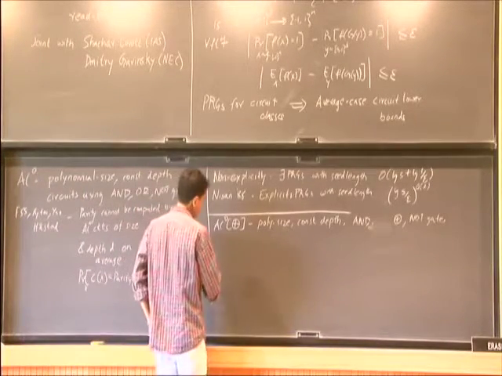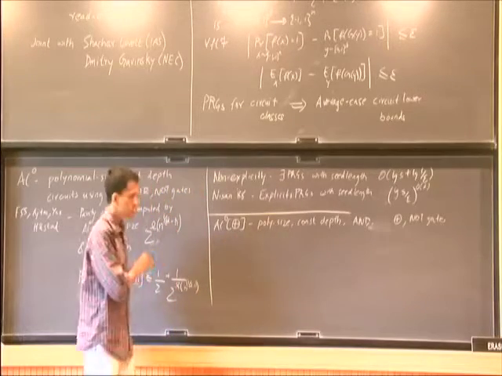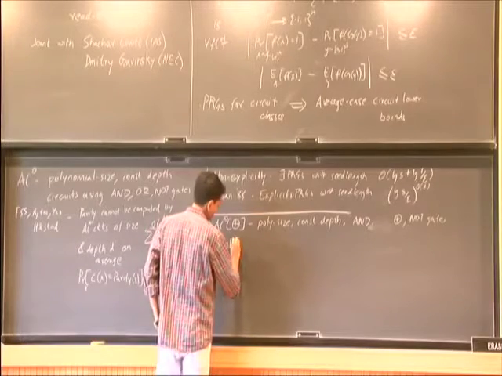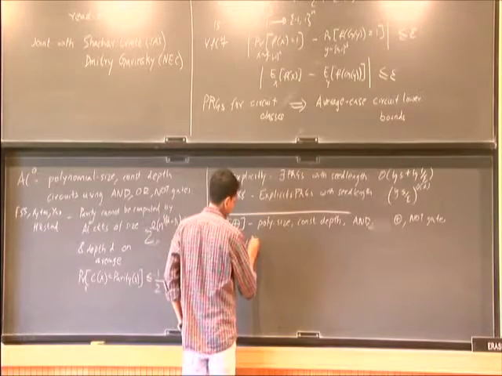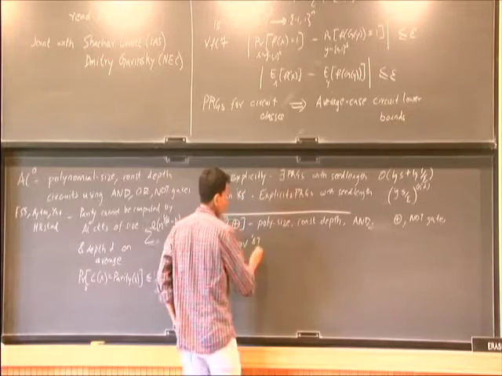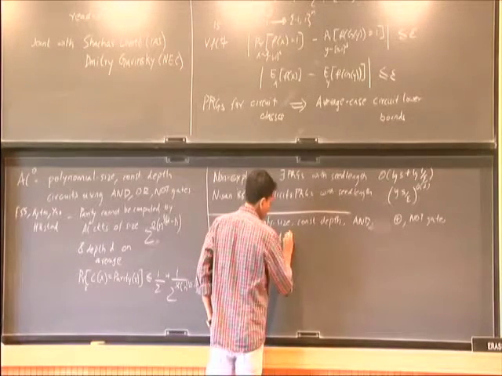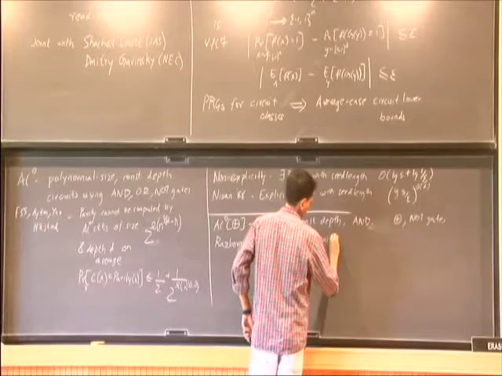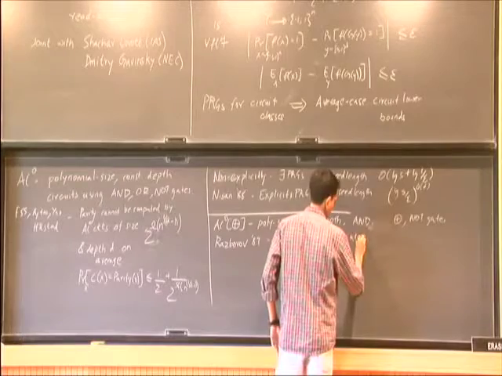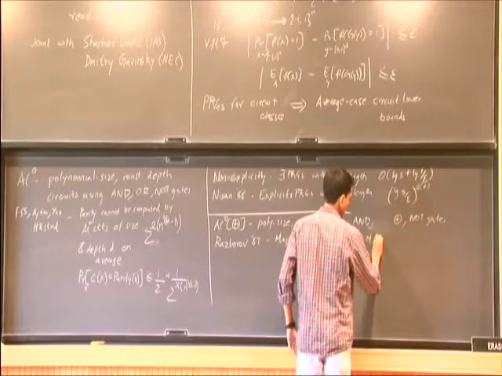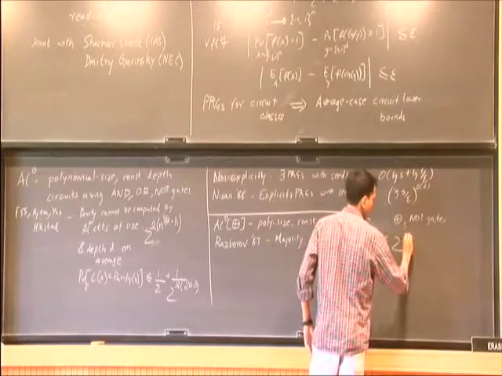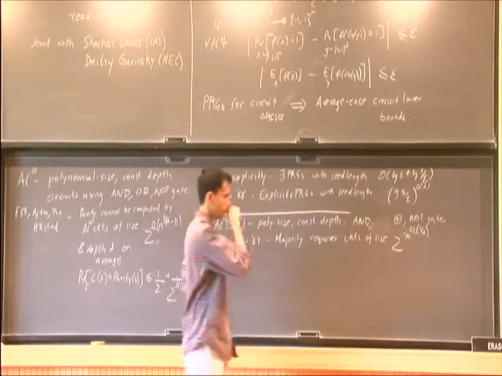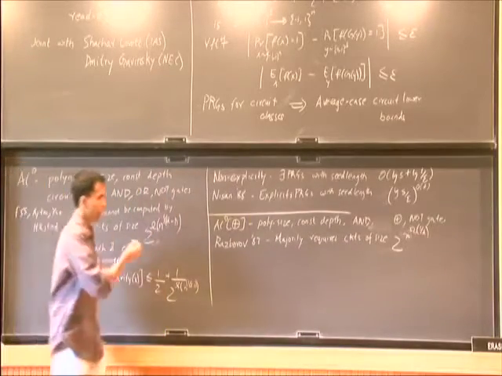So this was a natural circuit class to study after AC0, and we have lower bounds for this class as well. Razborov, in something like '87, showed that the majority function requires AC0 parity circuits of size 2 to the n to the 1 over something in depth d.